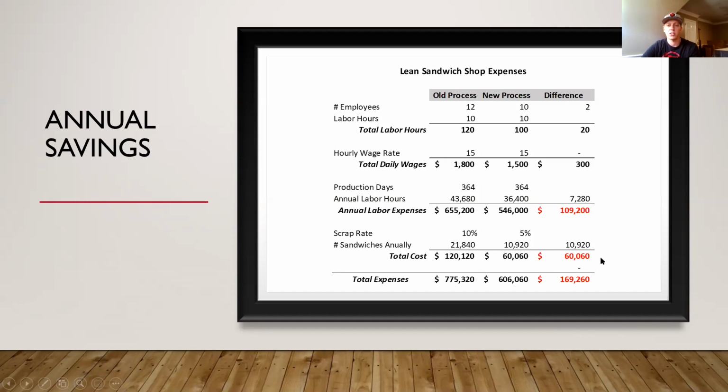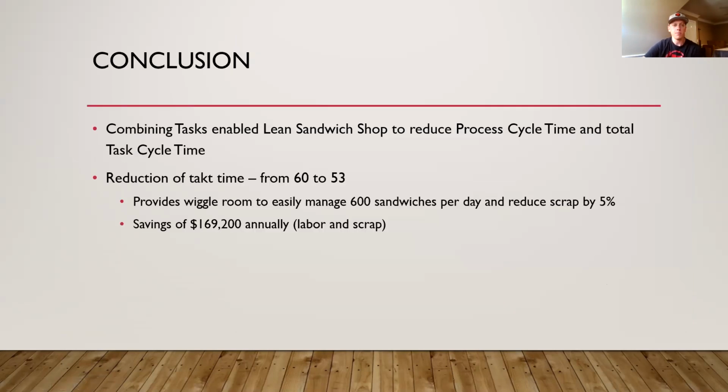So that's a total savings of $169,000, and we didn't need any capital investments. We didn't have to add workforce. In fact, we reduced workforce. All we did was consolidate our tasks into a more efficient and better flowing Kanban system. And just that alone will allow us to save $169,000 annually.